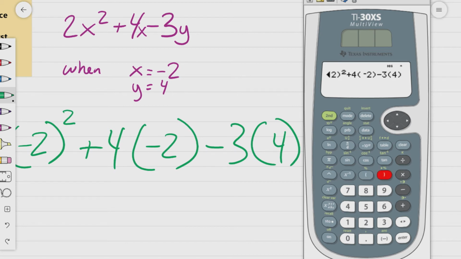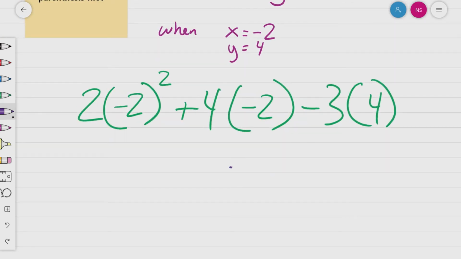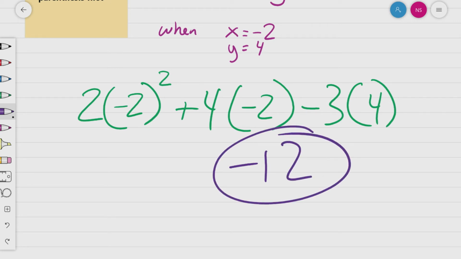That's my problem, exactly the way it is. So I push enter and the calculator dishes out the answer of -12. You see that? This is what you guys need to do, and this is what you will be doing.